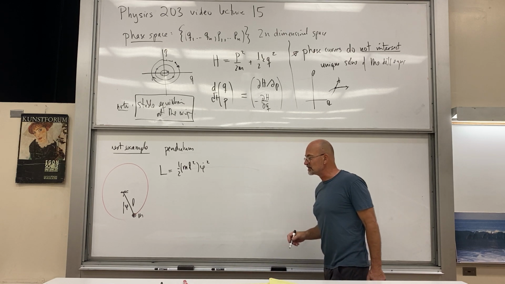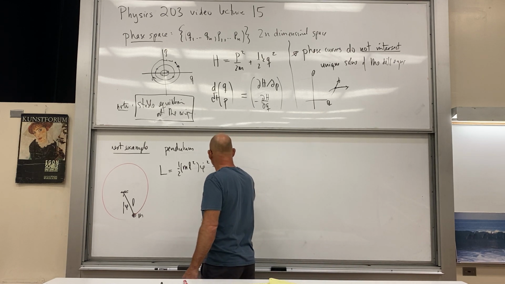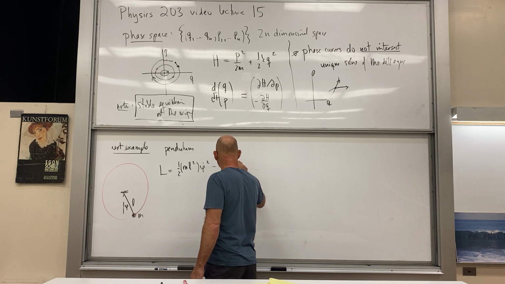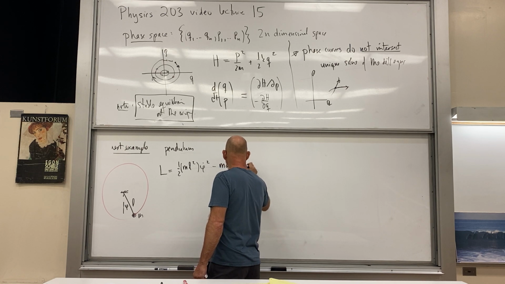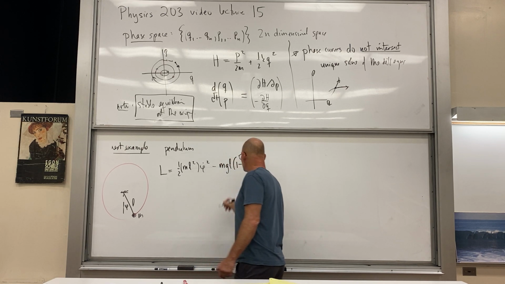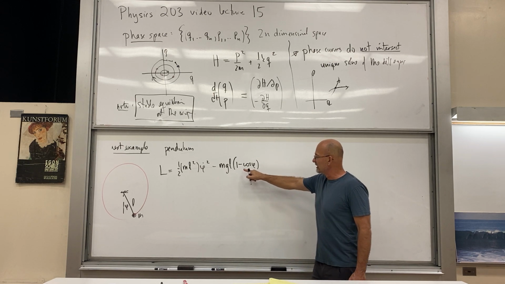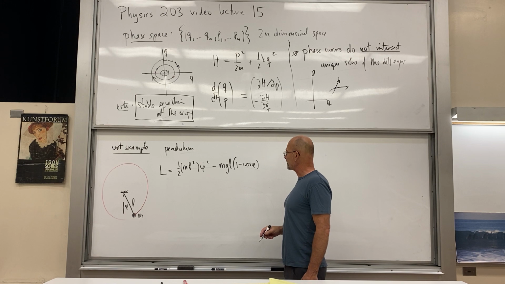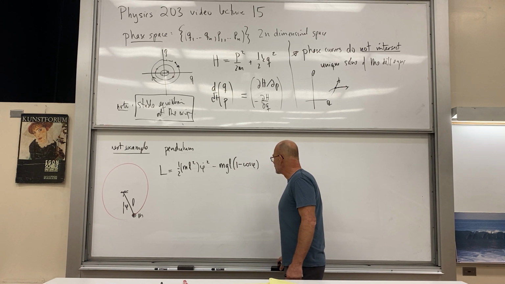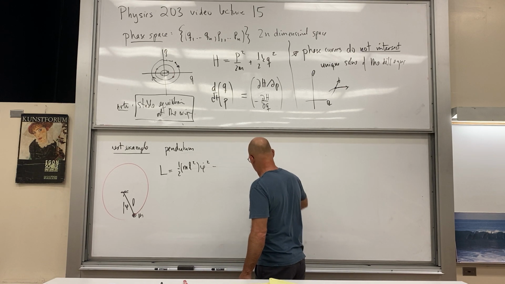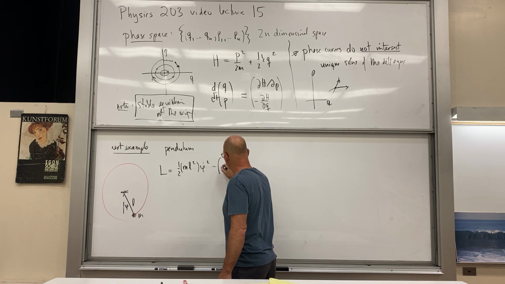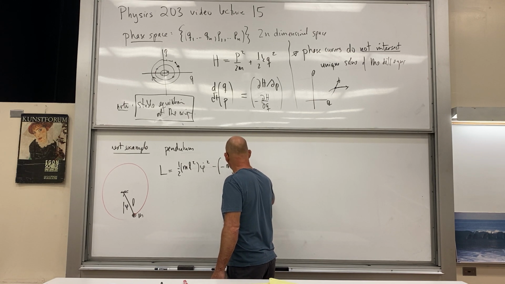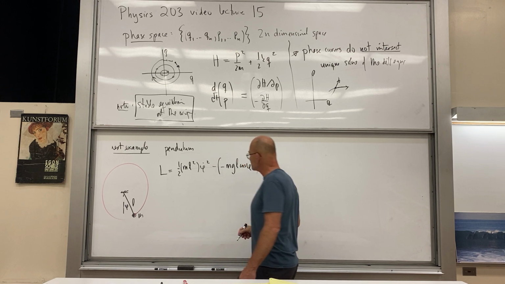That's the kinetic energy, minus mgl(1 minus cos phi). I could have also just written negative mgl cos phi. Which way is better? Let's just do the minus, for simplicity, minus mgl cos phi. I may change my mind again.